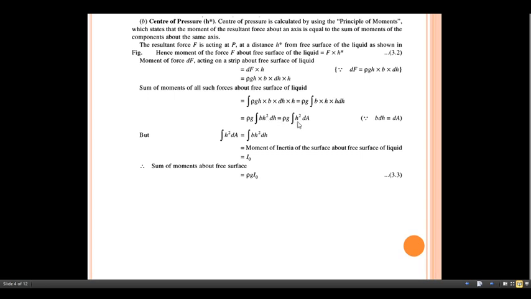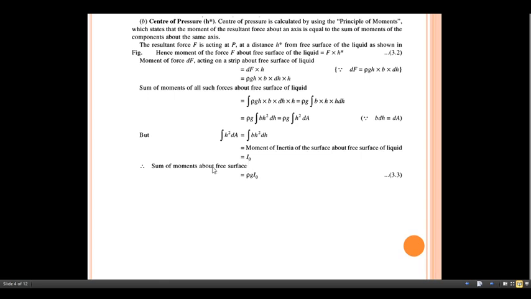Here b multiplied by dh is nothing but the area of that small strip, dA. So we know the integration of h square into dA. What is this? It is nothing but the moment of inertia of the surface about the free surface of the liquid.